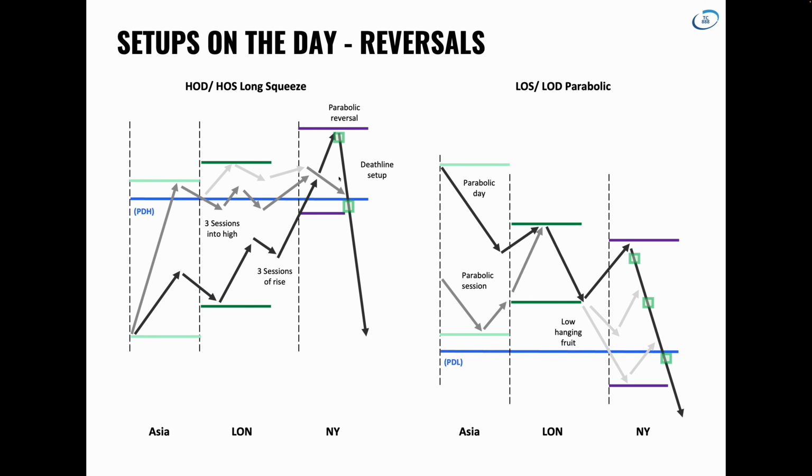So the deathline setup traps all these long volume and then it rolls over. Alternatively, it works up 3 sessions of rise and the breakout is in the New York session, potentially a parabolic reversal, and then it loses the level again and then collapses. So these 3 patterns, potentially 4 patterns, are valid for this reversal situation.